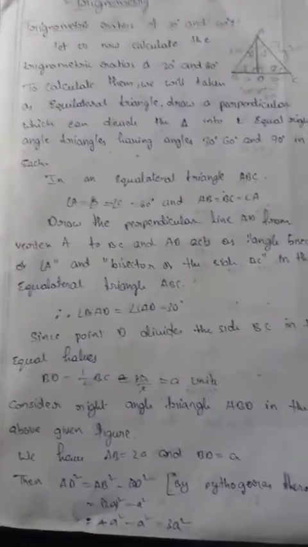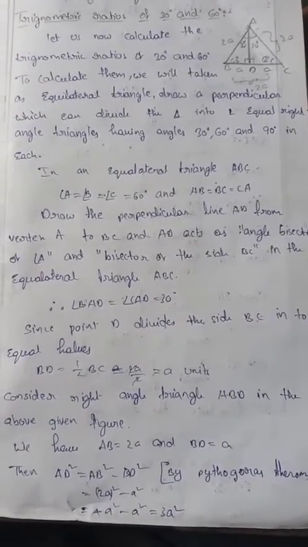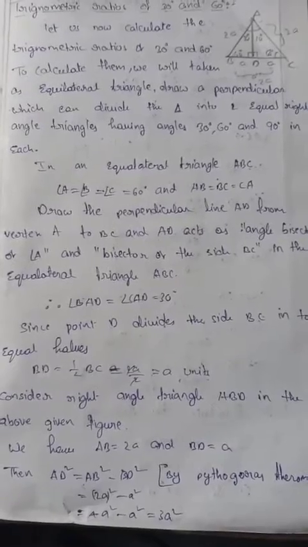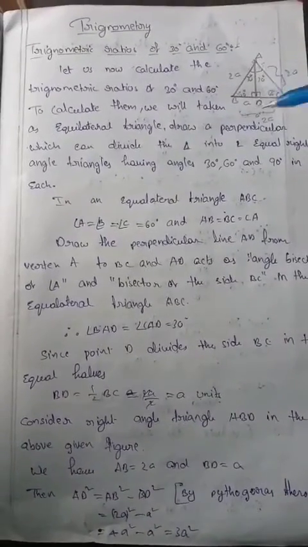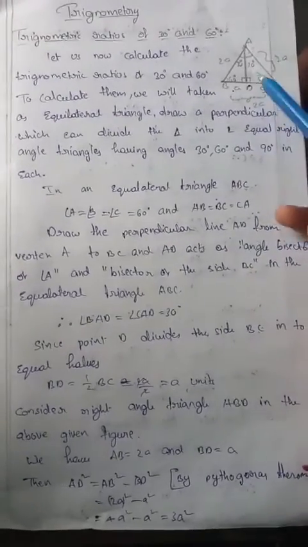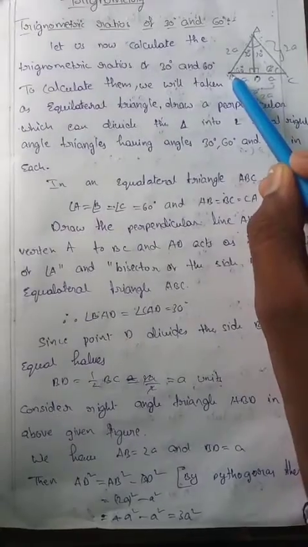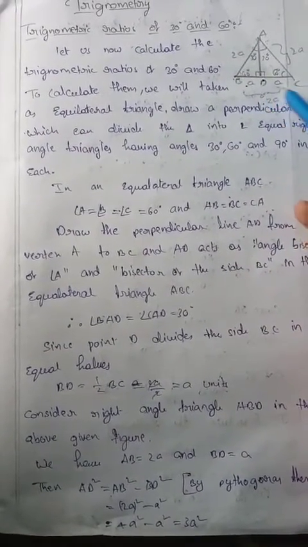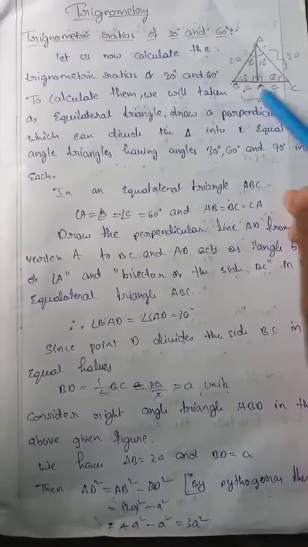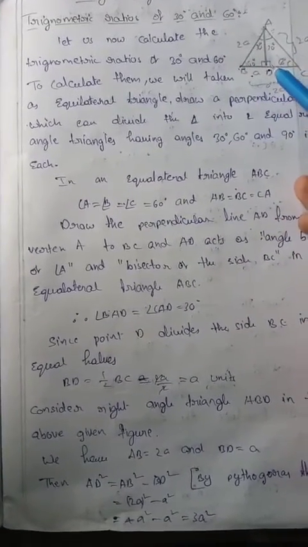That's why they both have the same length. Here BD equal to half BC, we already said, because AD is the perpendicular bisector to BC. That's why BD equal to DC, and BD and CD are two parts in BC. That's why BD equal to half BC.